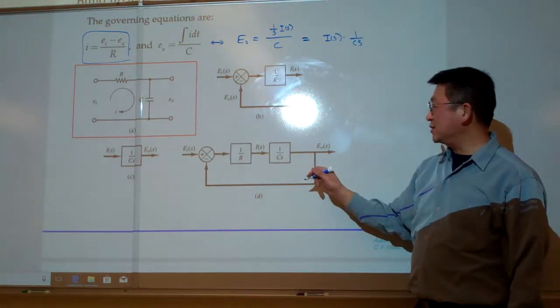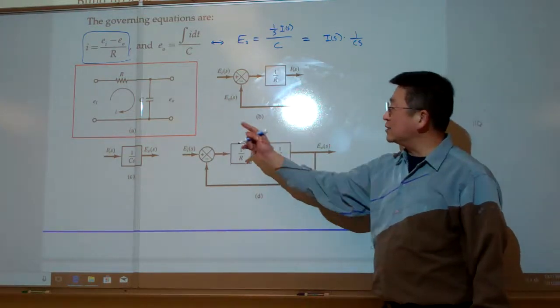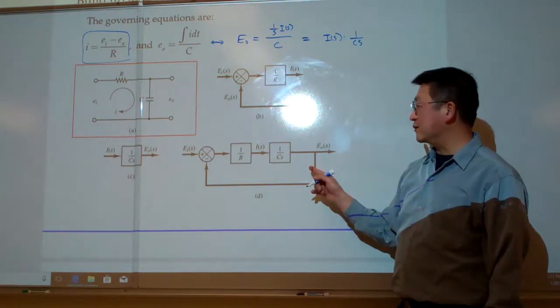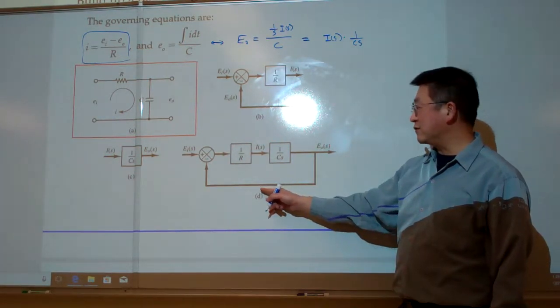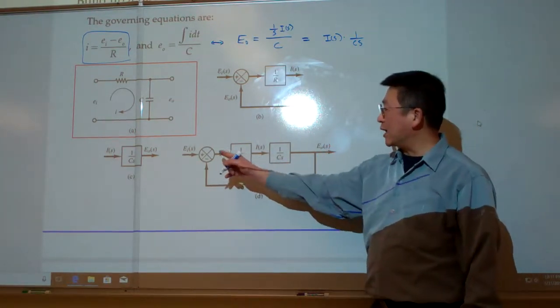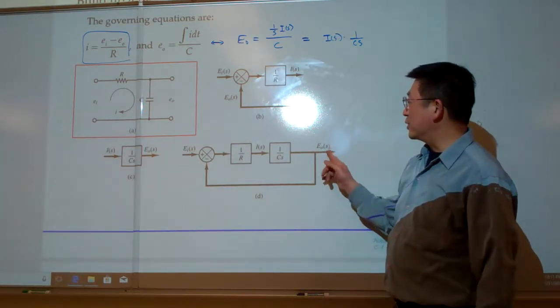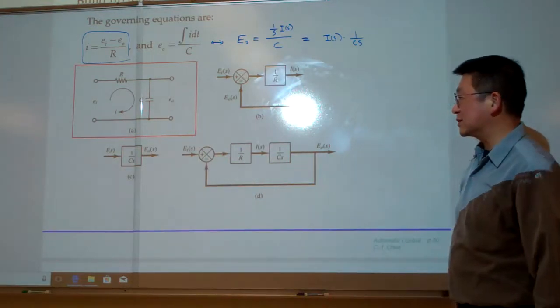So basically this is the block diagram for this system, a simple RC circuit. Here you can see it has the feedback loop, and we call it a unitary feedback system. The output is regulated this way, and eventually the output will be equal to EI in steady state.